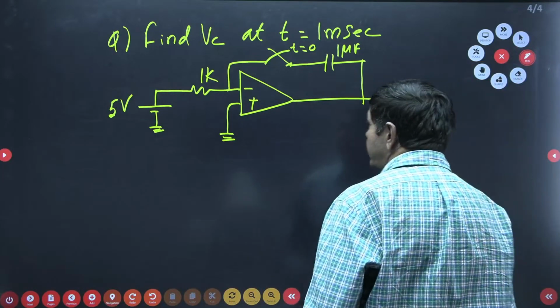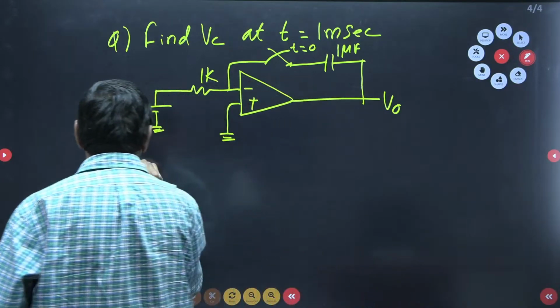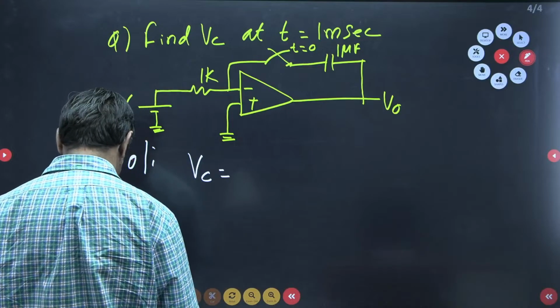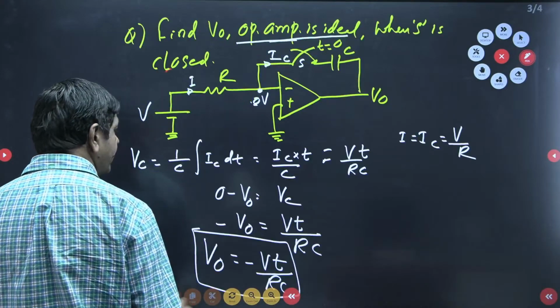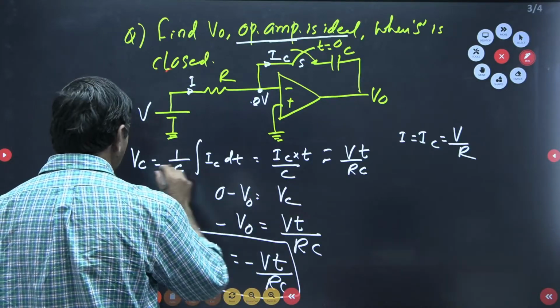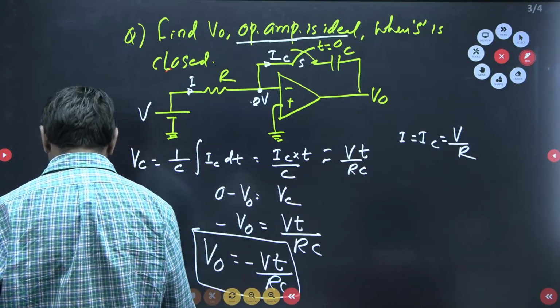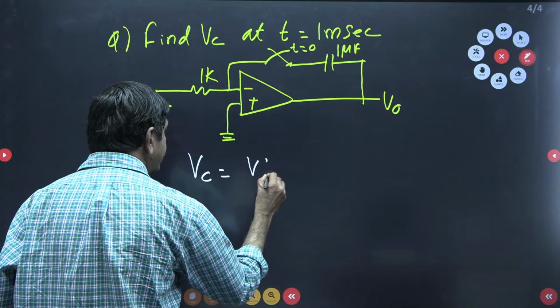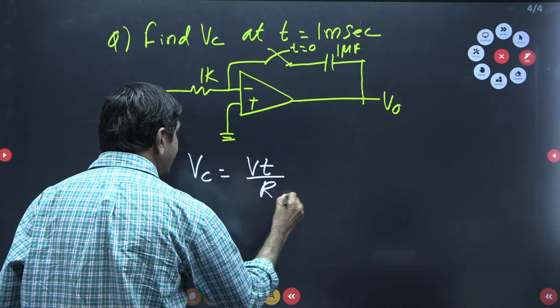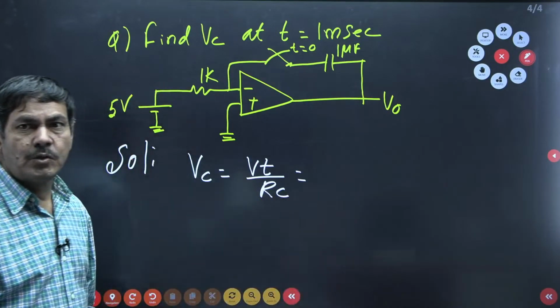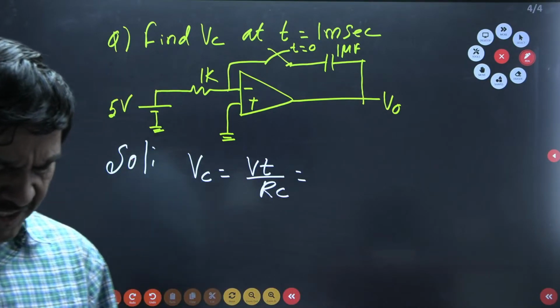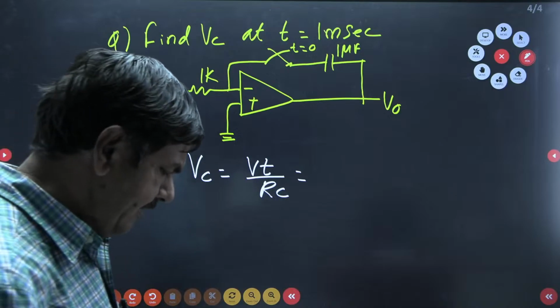I gave you the formula: voltage across the capacitor equal to VT by RC. Substitute the values and tell me the answer.